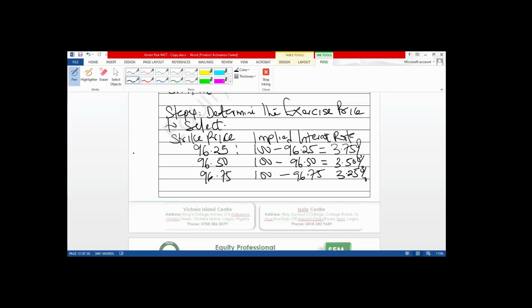Which of these exercise prices meet our criteria? We exactly meet our criteria, our desire here. Our target is to work towards 3.75 maximum. That means we are going to select 96.25.